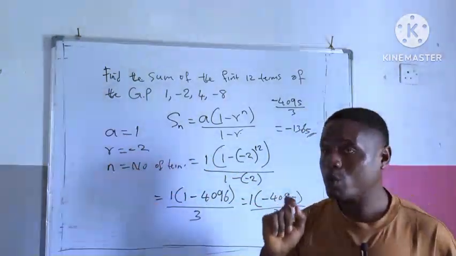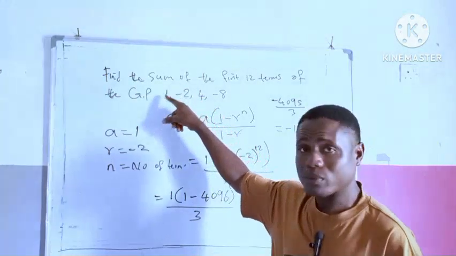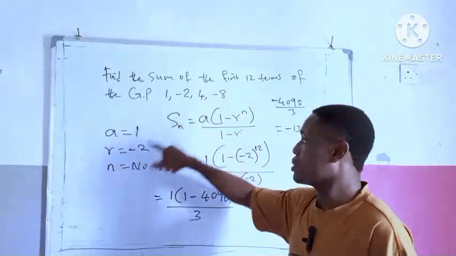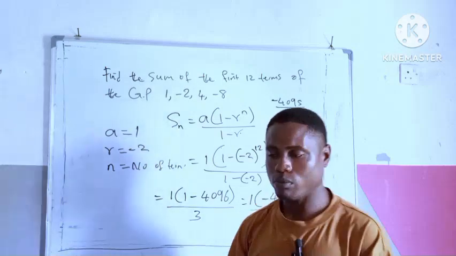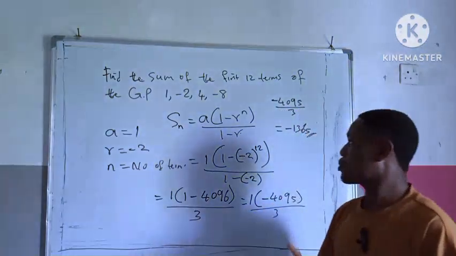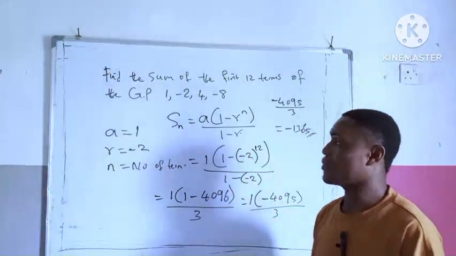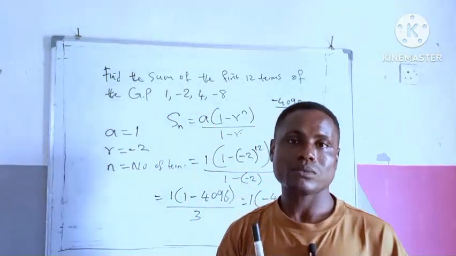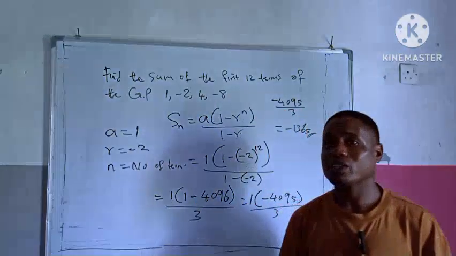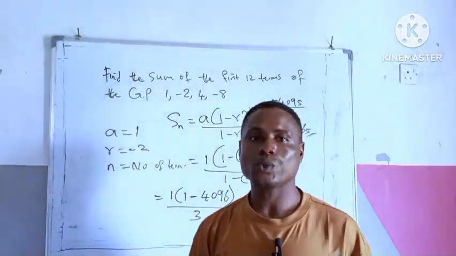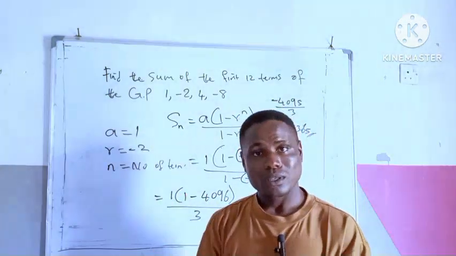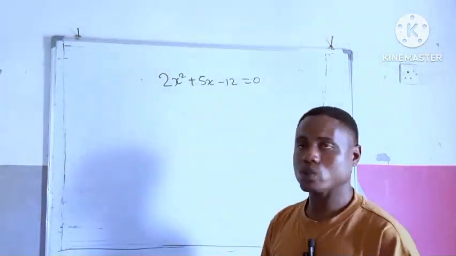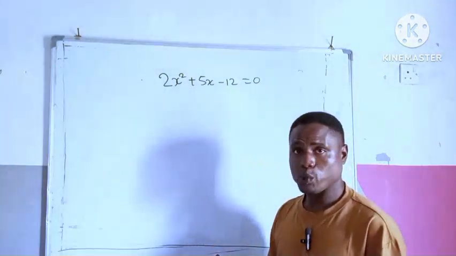To get your common ratio, divide the second term by the first one, or any other term by the one before it, and you still get the same common ratio. When solving, take note of these signs. You will see exactly this type of question; they might change the numbers, or you will see it exactly in this form, if you are lucky. So take note. The next question is a quadratic equation.